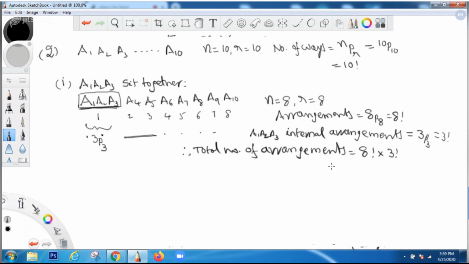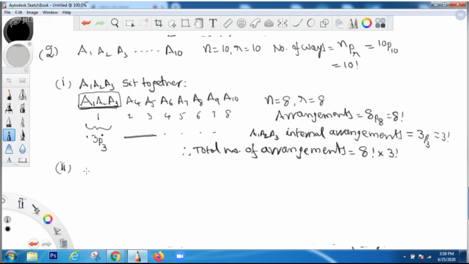Multiply, because we have to do this and also this. If you arrange only these three, what about the remaining? If you arrange only these eight, what about the three themselves? So both you have to do. Therefore, you have to multiply 8 factorial into 3 factorial.